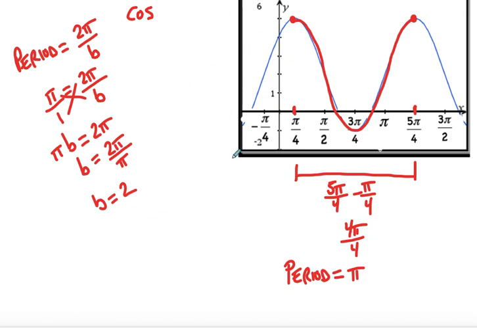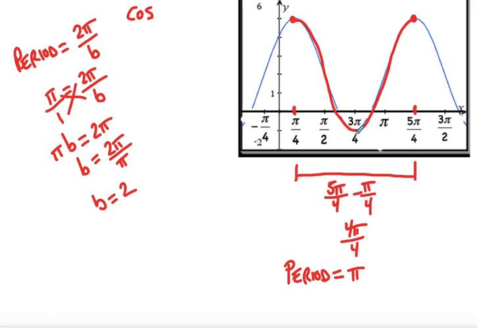Okay, let's try to figure out the amplitude. See if you can figure out where the midline would be between here and here. One way to figure that out, you could just eyeball it, but another way is this is going from -1 up to 1, 2, 3, 4, 5. That is a span of 6. From -1 to 5 is a span of 6. Half of 6 is 3.